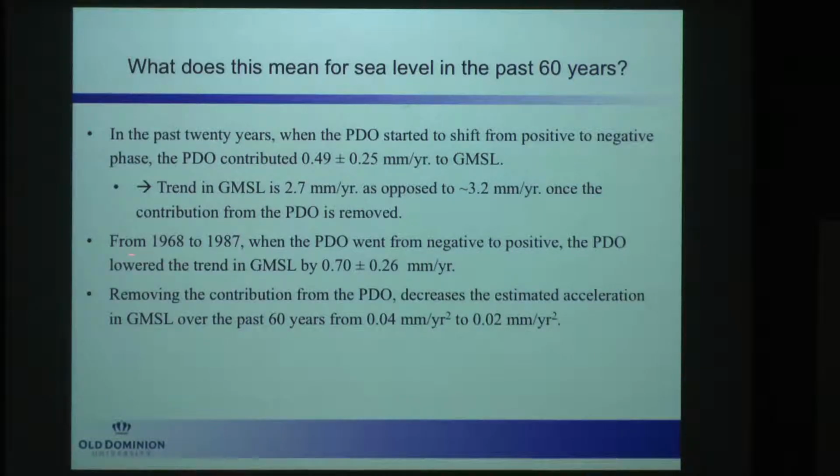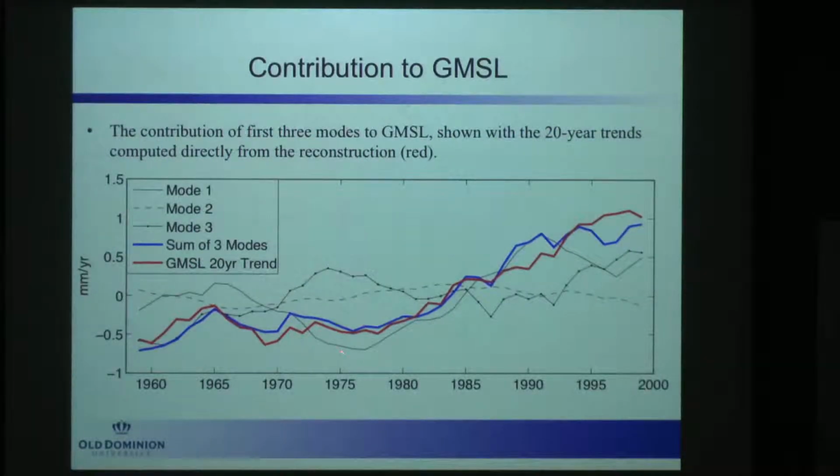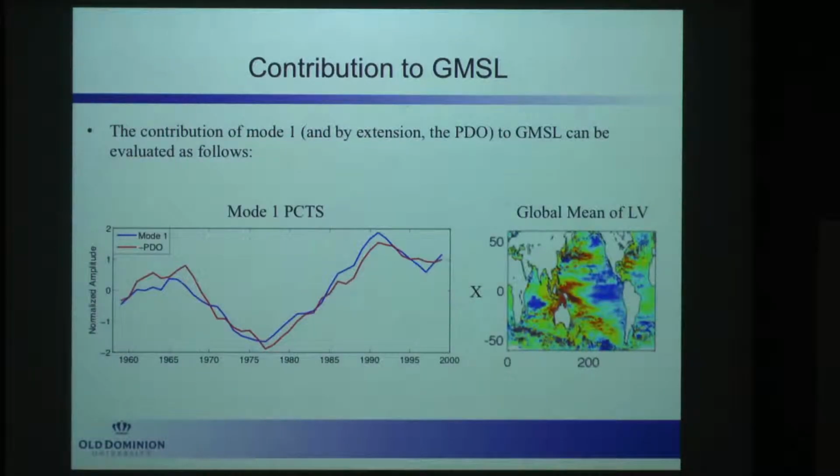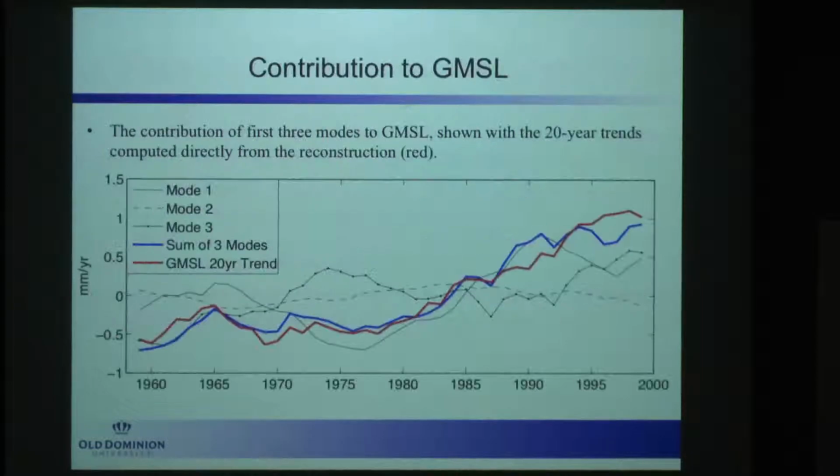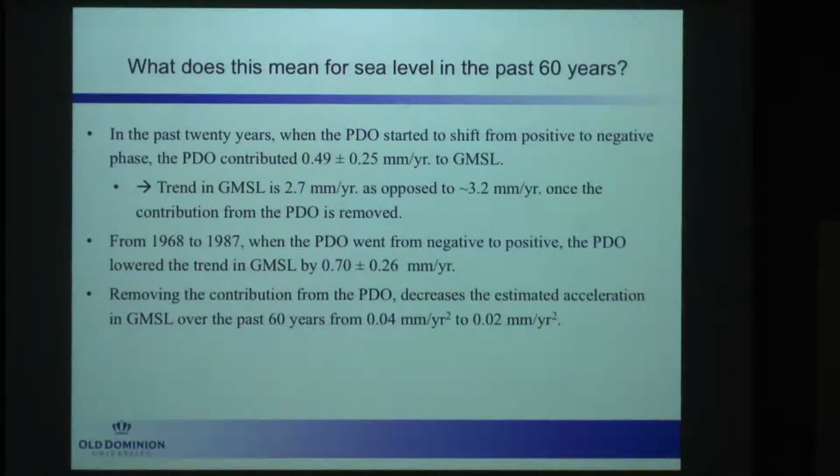Similarly, if we look at the time period from 1968 to 1987, when the PDO went from negative to positive, the PDO lowered the trend in global mean sea level by 0.7 millimeters per year. You can go back and look at this, pick out different times where the PDO has contributed significantly, and it gives you a slightly different interpretation of what we've measured and reconstructed in terms of global mean sea level in the past 60 years.